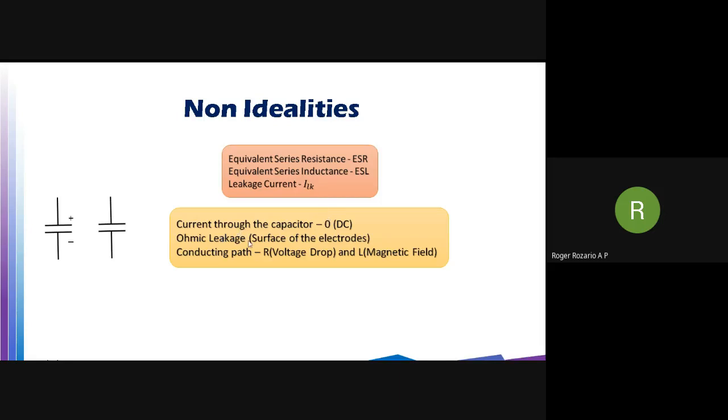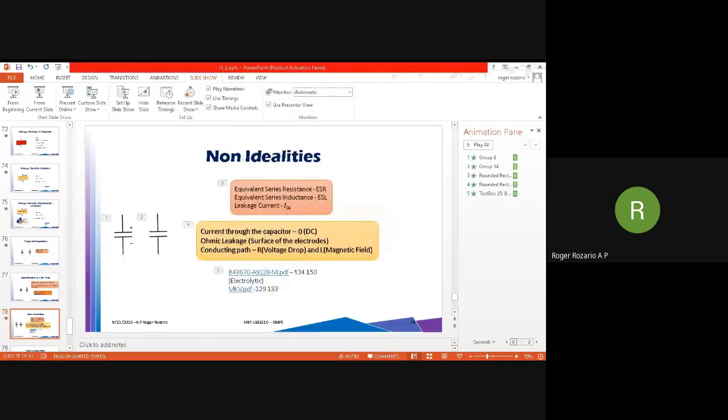But because of this ohmic leakage, some current will flow through the plates of the capacitor, and we call that current the leakage current ILK. This leakage current affects the performance of the capacitor.